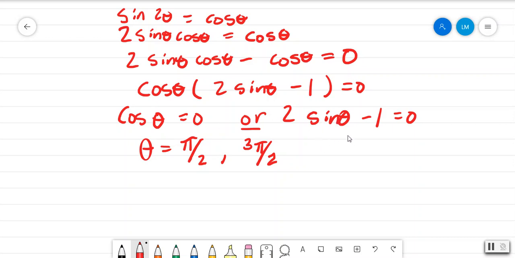But with this one, sine theta equals positive 1/2. So that's where you have 30 degrees as a reference angle, so it's positive. So we have, not 30, but pi over 6, right? Okay, so pi over 6.